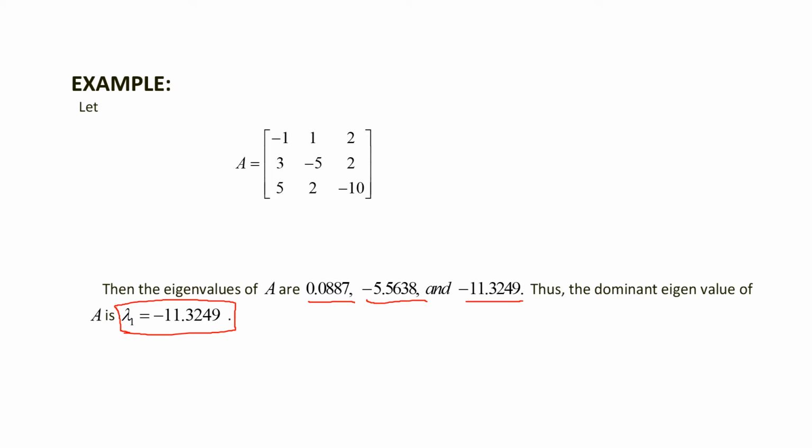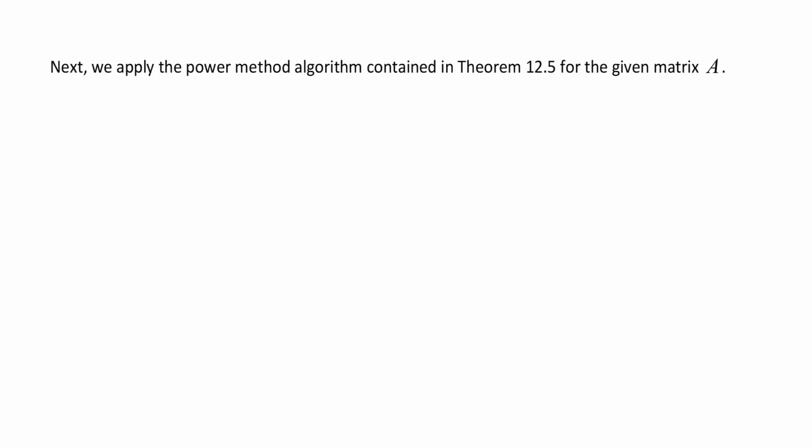Now we will implement the power method. We select y naught as an initial guess.